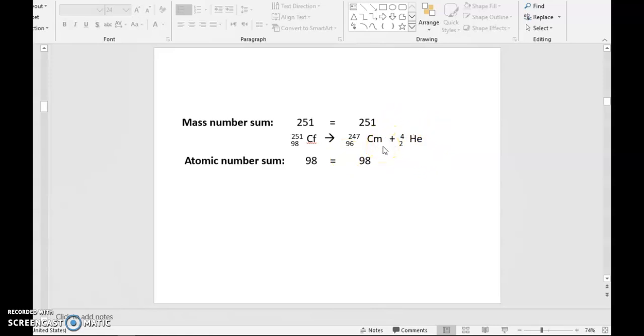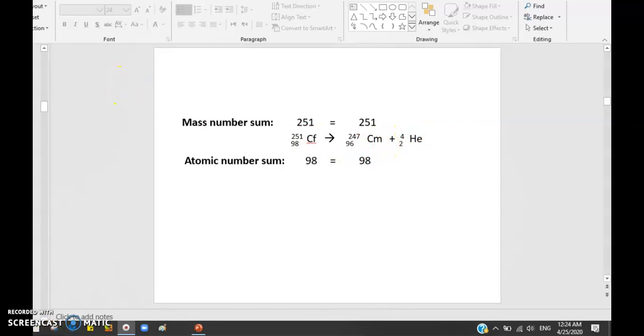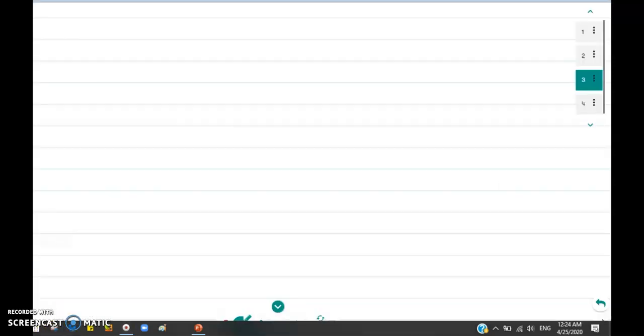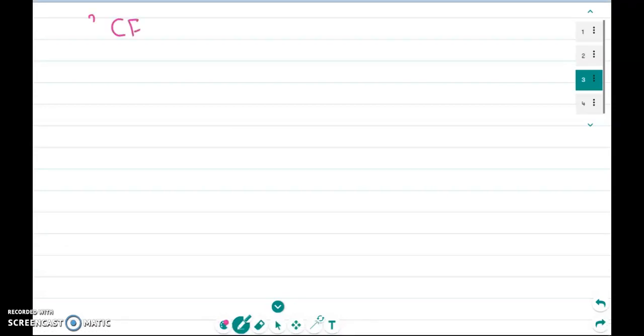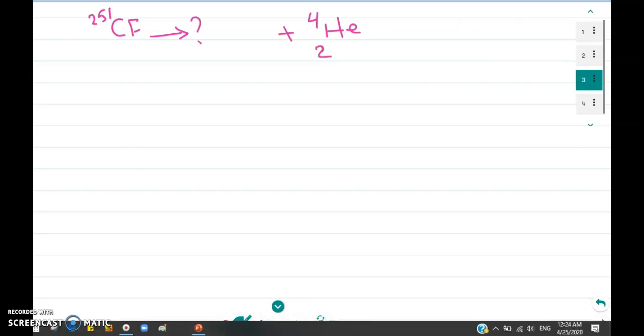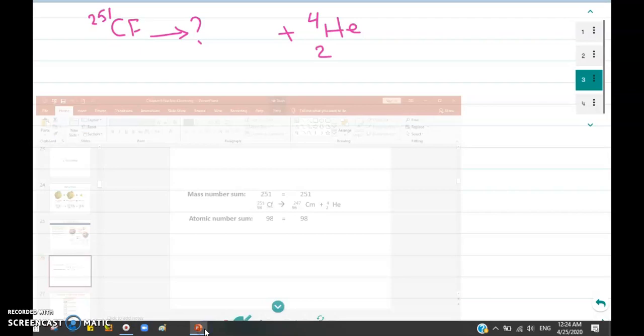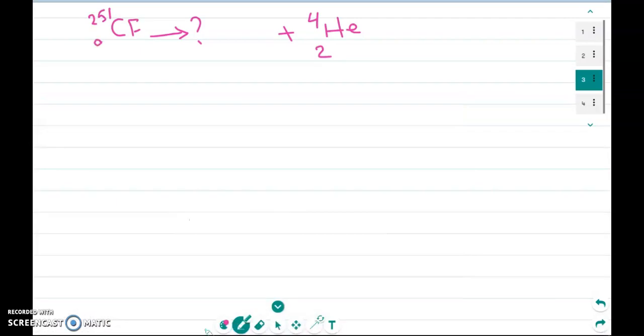So let's try to do this from scratch so we know how to do it. Cf-251, and I told you it's alpha decay, which means you will have alpha, and this is its symbol. Find the new element. And let's get the atomic numbers as well, 98. Okay, there you go.